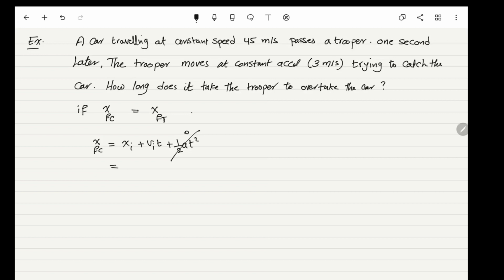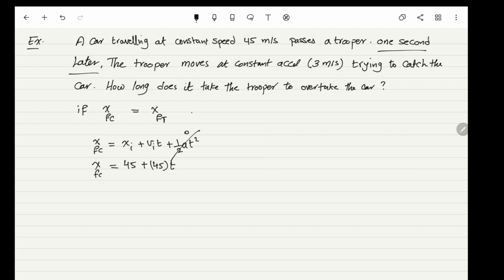Now x initial, as mentioned in the example, is 1 second later, so the car has actually moved 45 meters, because it's 45 meters per second. So in 1 second the car moves 45 meters. So the initial position for the car with respect to the trooper position equals 45, plus 45 times t. Now this is the x final for the car.